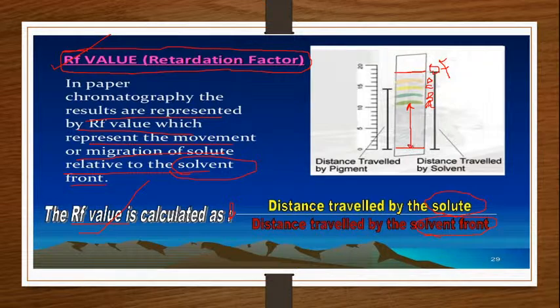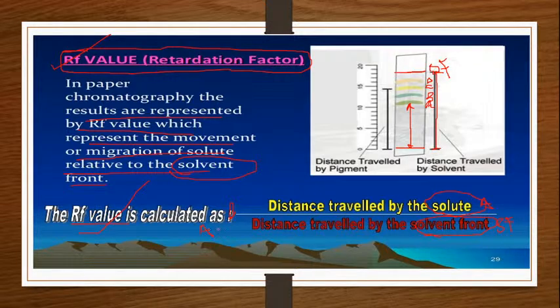The distance traveled by the solvent is this. You can calculate easily. Now carry out the ratio of the distance traveled by solute A to the distance traveled by the solvent front, that is SF. So you will get the RF value for A.